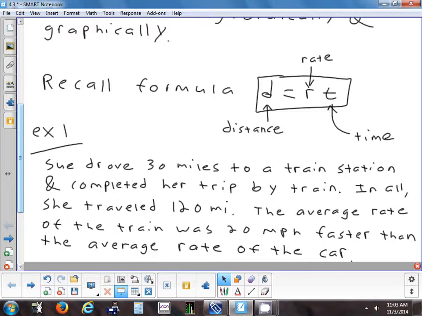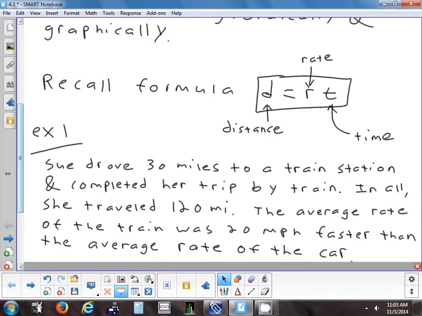20 miles per hour faster than a car. So what did we say we're going to let the speed of the car be? x.